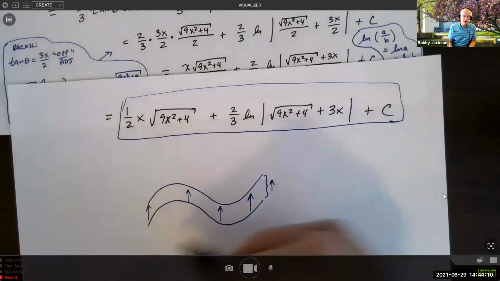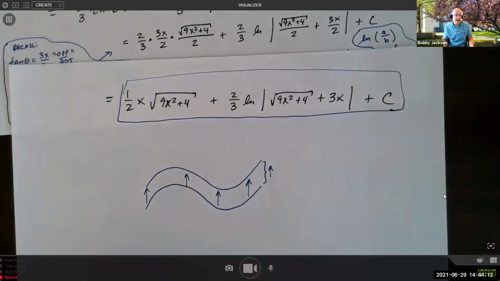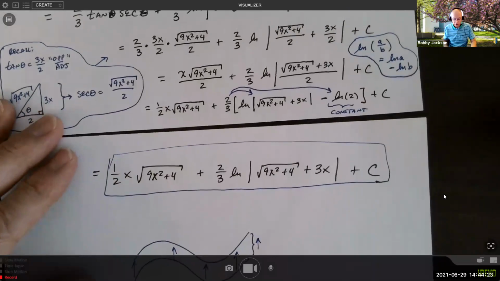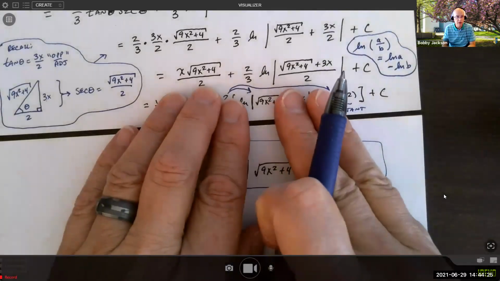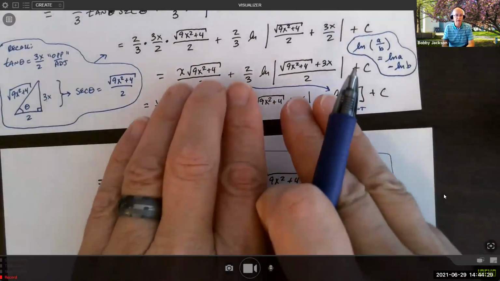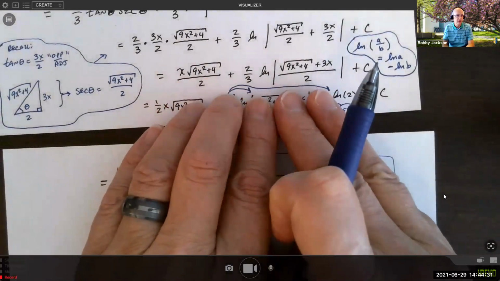So both of these functions would be antiderivatives. Anytime we're talking about an antiderivative, we're talking about a family of functions. They all differ by a constant. So as far as a test goes, if you were to get to this stage up here and did not proceed to this stage here, I would be completely fine with that result.